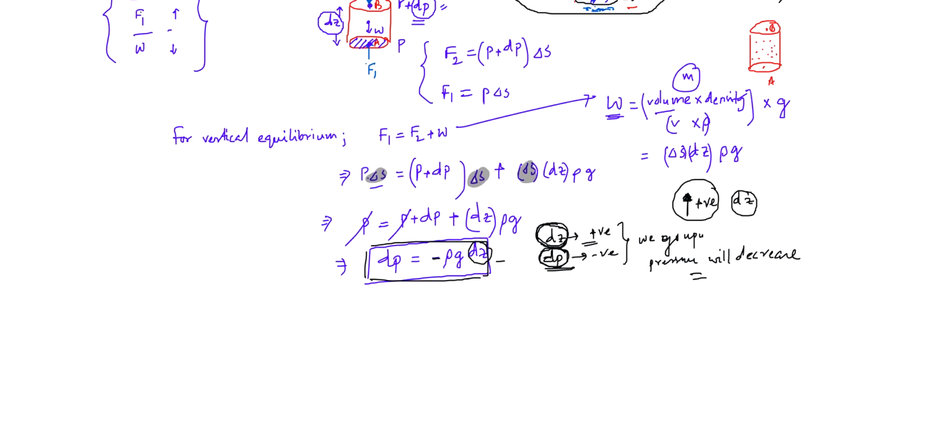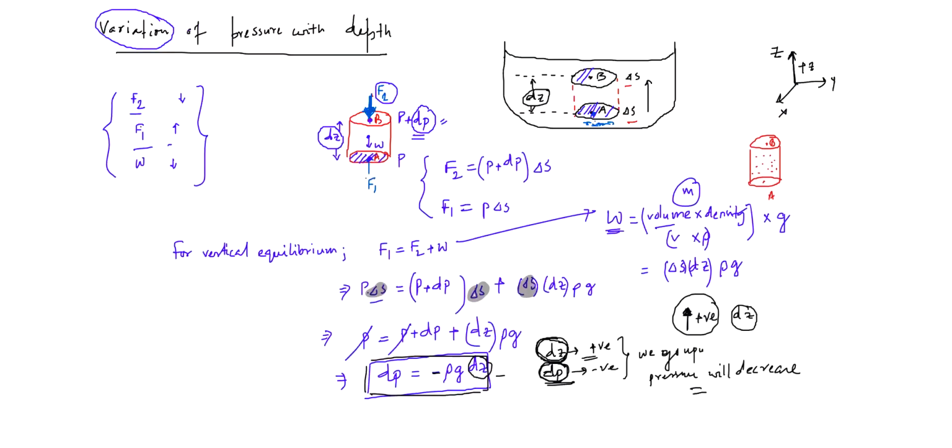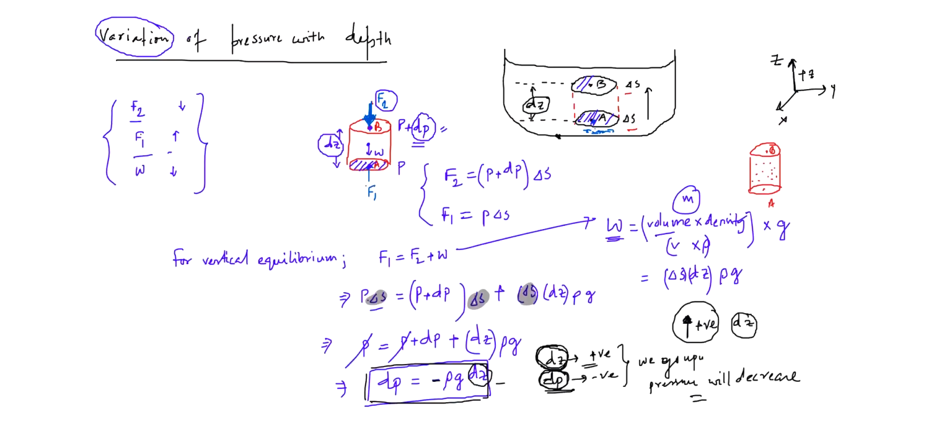How? Through integration. Suppose here is some point. Let me go back to the initial diagram. Let us say the point at the bottom has z equal to 0, and here is some other point where z is equal to h. Let us say this height is h. Let us find out the difference of pressure between these two points.